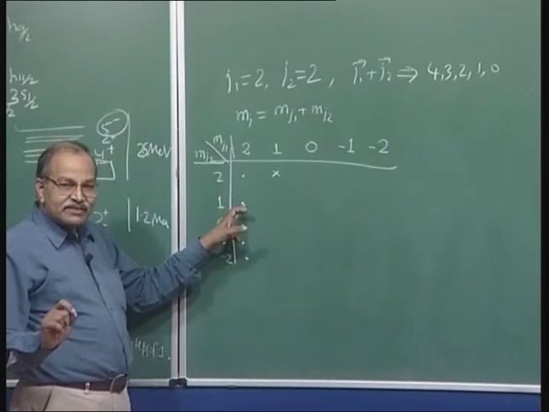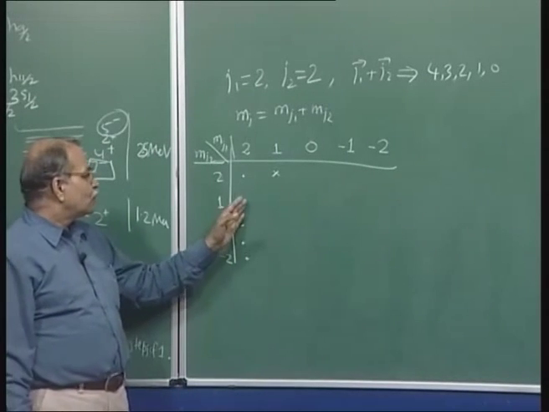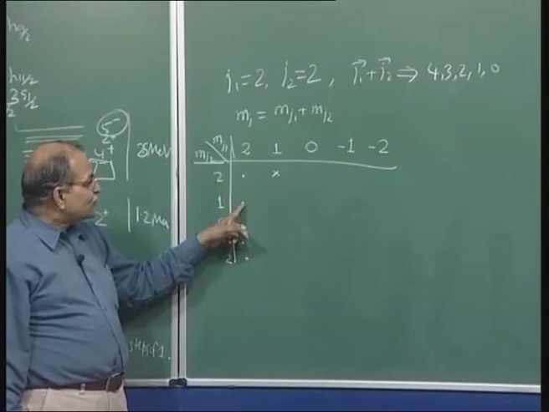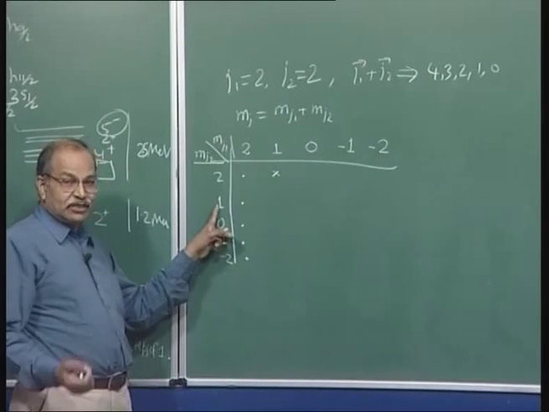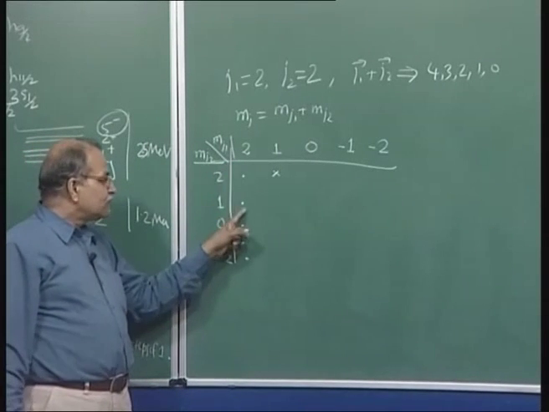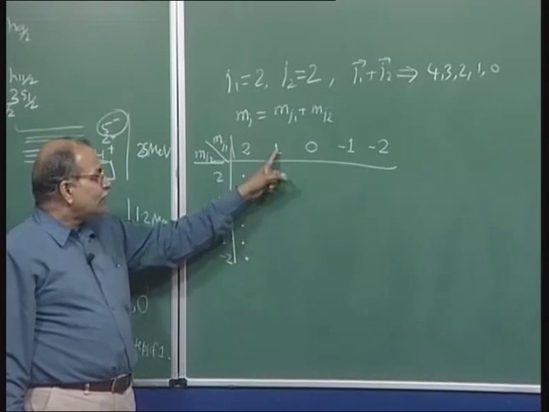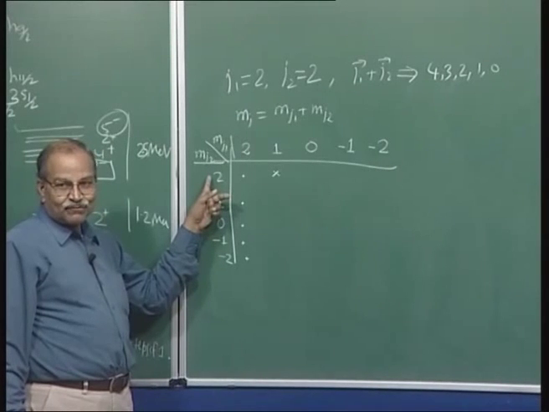The only difference is that the labels are interchanged. One is 1 and other is 2. So, here the first one is 2, the second one is 1, mj1 and mj2. For this, the first one is 1 and the second one is 2. That is the only difference.